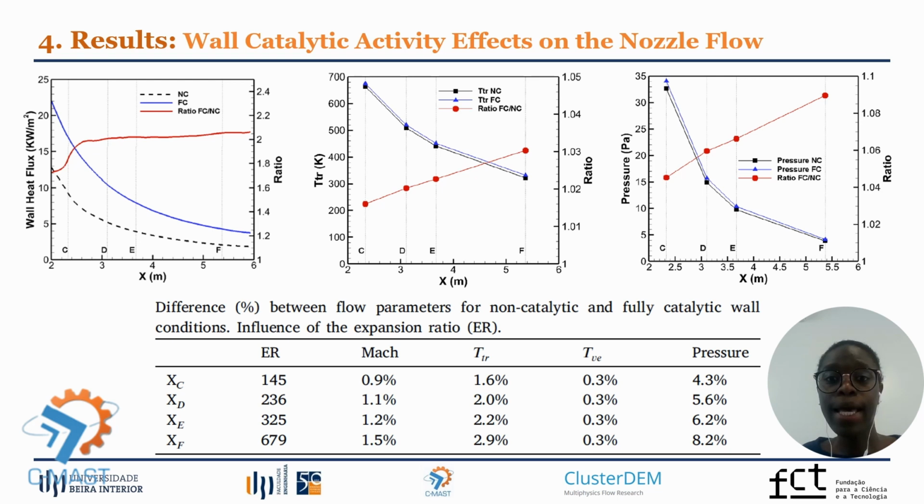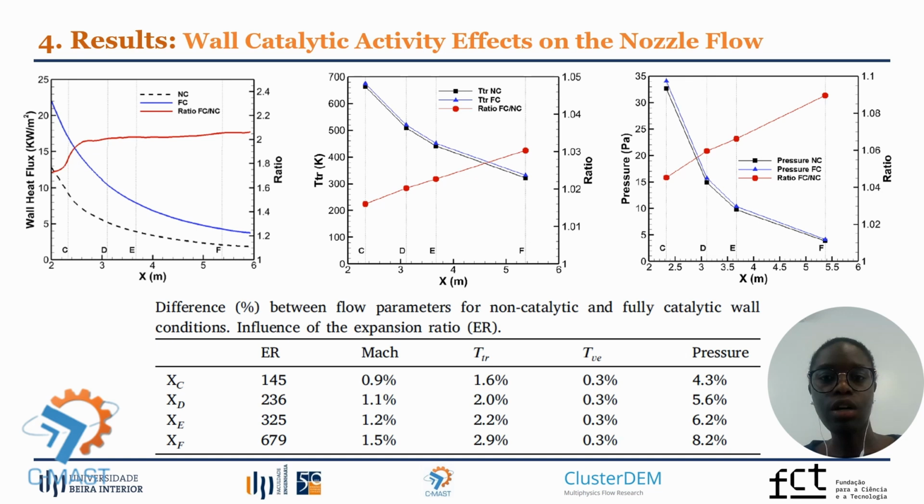So the first graph shows the heat flux distribution for non-catalytic and fully catalytic walls, and also the ratio between them. As it can be seen, the heat flux is higher for fully catalytic wall with an average ratio of around 2, which is consistent with the values obtained for entry vehicles.